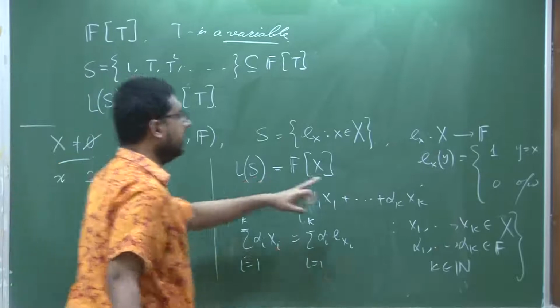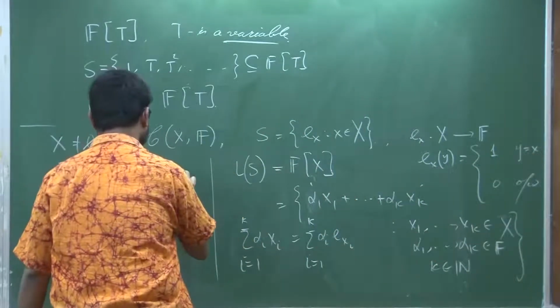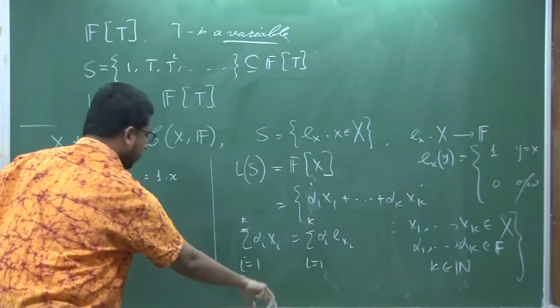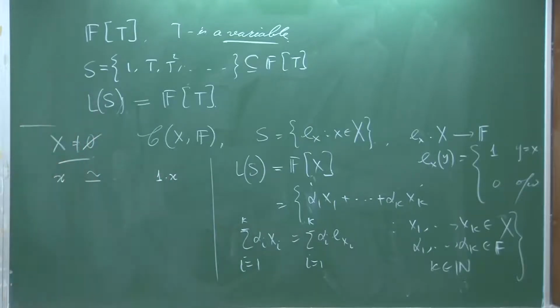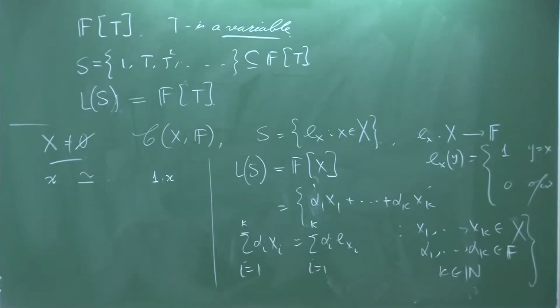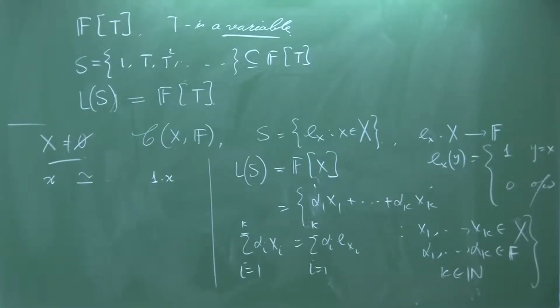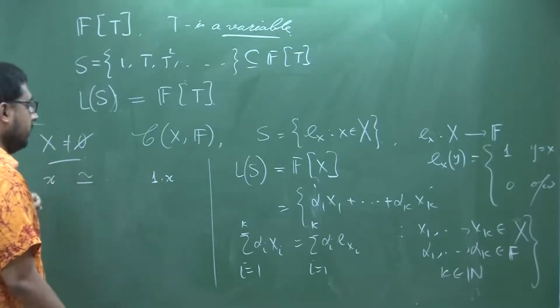E x is the function that takes 1 at x and 0 elsewhere. So, E x should be written as 1 times x. If we stick to this formal notation, this is my E x, and from now on we will simply identify x and 1 times E x; we will not make any distinction between them.